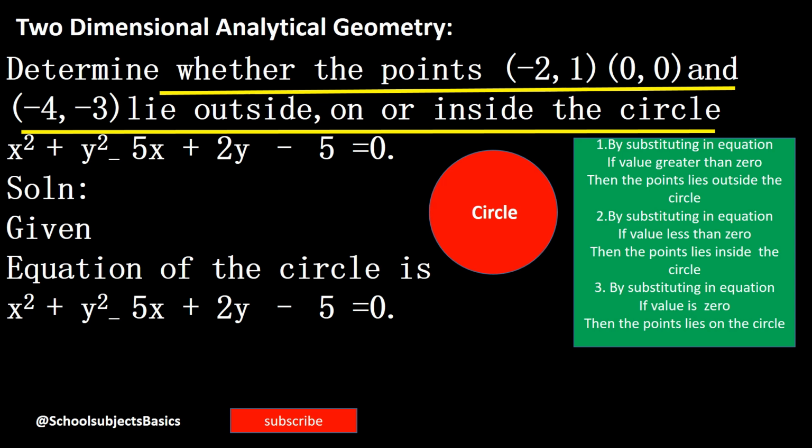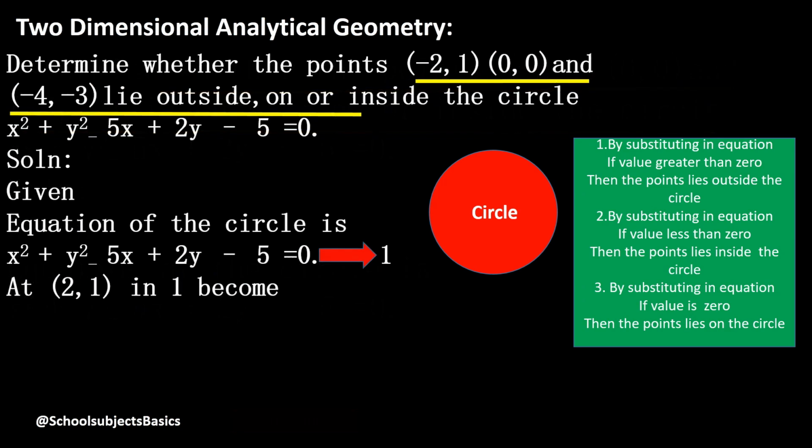If we get a value less than 0, the negative case, it lies inside the circle. And if we get the value as 0, then the point lies on the circle. So greater than 0 means outside, less than 0 means inside, and 0 means on the circle.